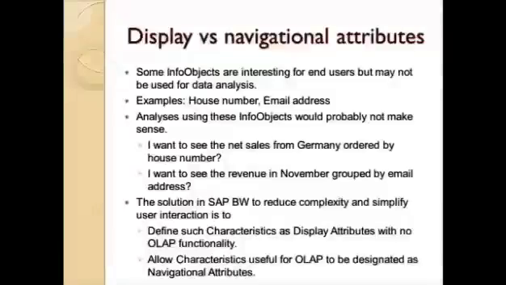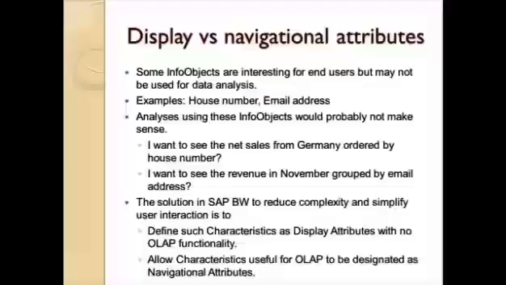We talked about earlier that for attributes, we can specify they are display or navigational attributes. But first of all, remember all the attributes themselves are info objects that we have already defined.